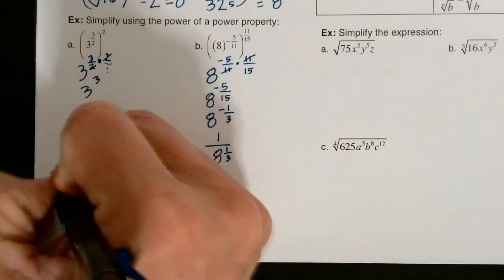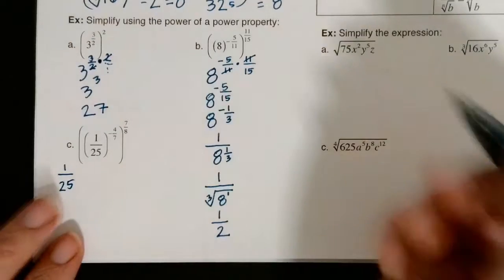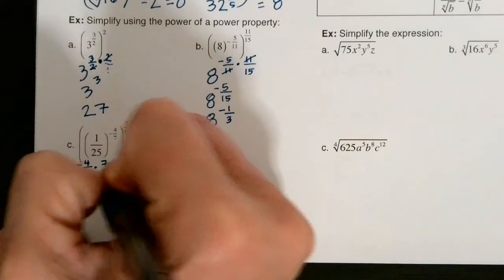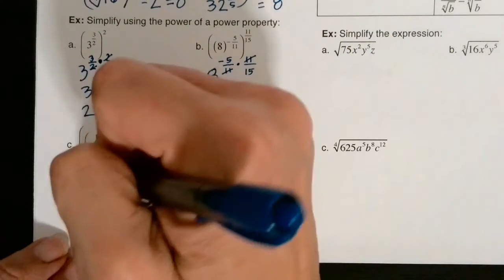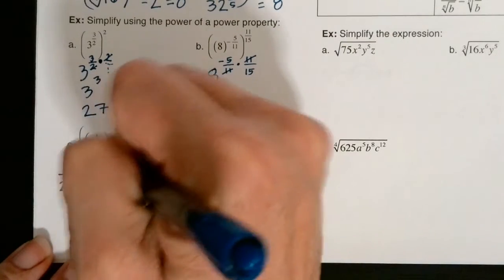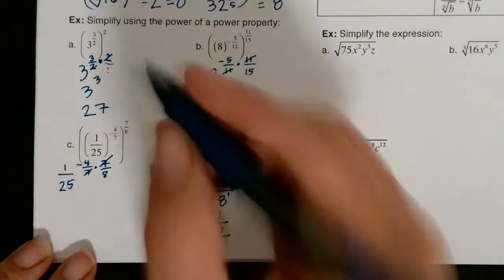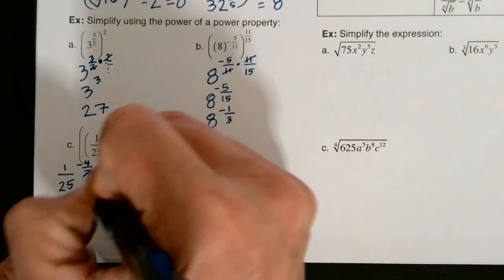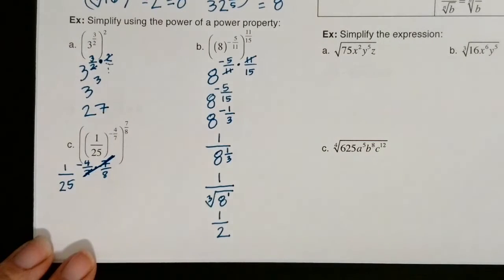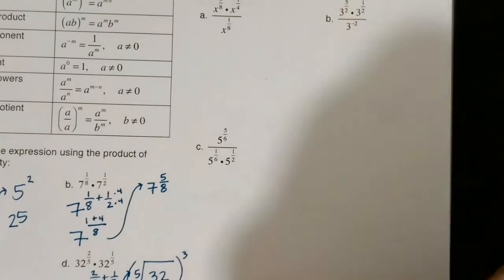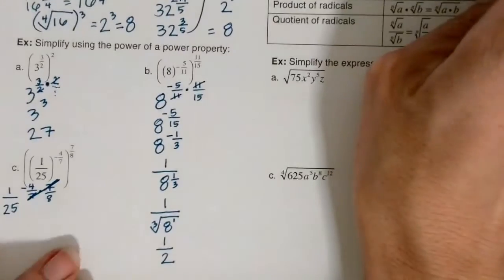So we got 1 over 25, and then it's going to be raised to the negative 4 over 7 times 7 over 8. Oh, I love these common factors. They cancel. So I kind of feel like maybe something that we can remember is like these cancel, so we're kind of going through the dots, like connect the dots. That's the only time you can cancel. So up here there's no dot because it's not multiplication, so you can only cancel when you can connect the dots.